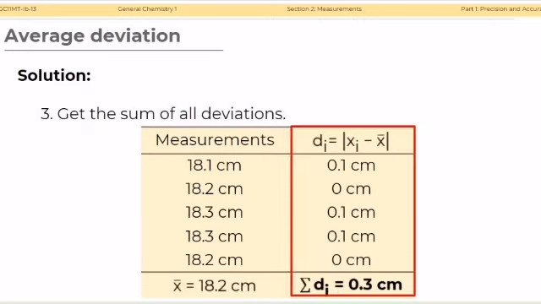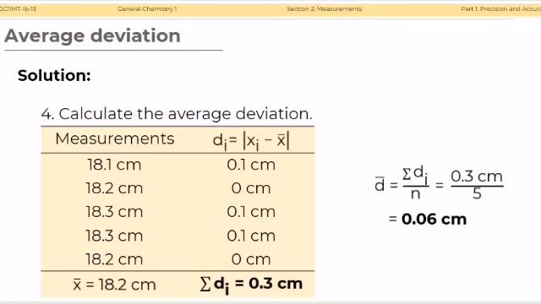Now, get the sum of all deviations. Simply get the sum of all the values in the second column, obtaining a value of 0.3 centimeters. Next, calculate the average deviation.